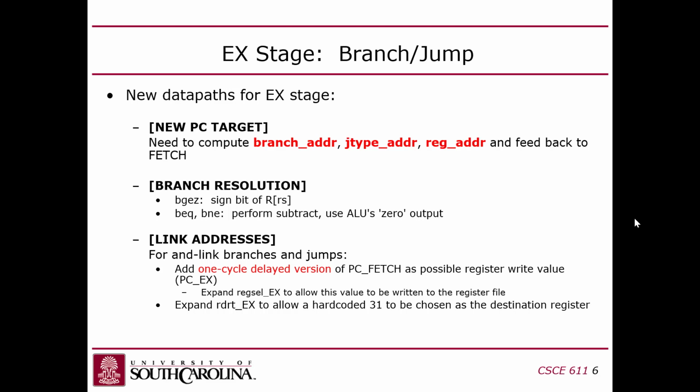The J-type address, which is the pseudo-direct address, right? This is in the J-type instruction, or a register address if you're doing a jump register, right? Where you grab a value from the register file and you shove that into the PC. So there are 3 alternative sources for the new program counter that we have to add support for.